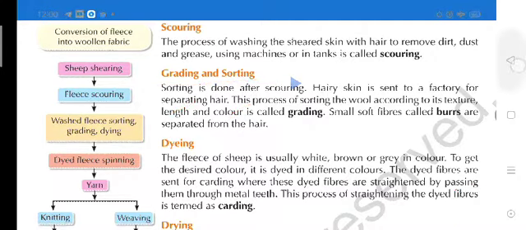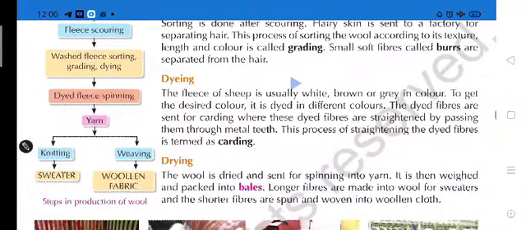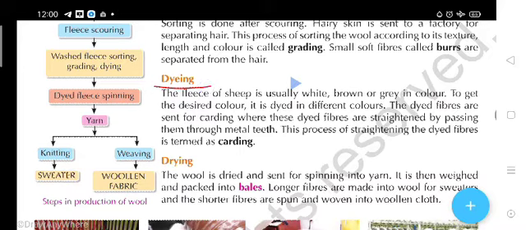Now students, after the grading and sorting, there is another process, that is dyeing. Students, I hope you understand dyeing. Dyeing means, do you like different colors? Yes, of course. Whenever we visit any shop, we require different colors in sweaters, in woolen clothes also. Like if a person asks for a yellow color sweater, brown, black, or purple.